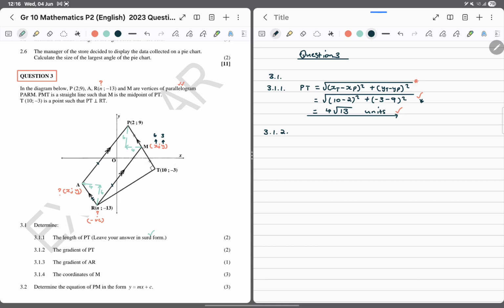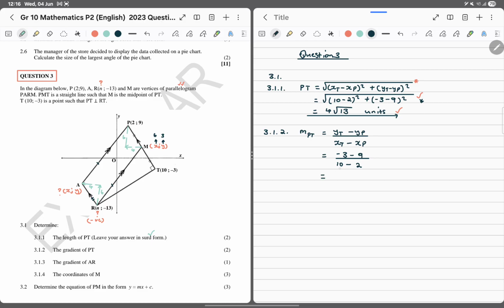Now, 3.1.2, we need the gradient of PT. Again, we can handle this. Gradient of PT is going to be y at t minus y at p divided by x at t minus x at p. Now y at t, this is minus 3 minus 9 divided by 10 minus 2.